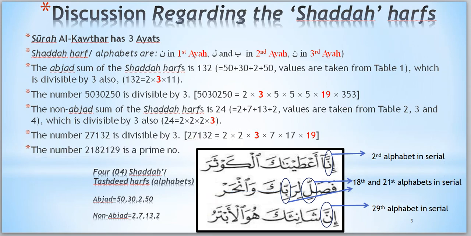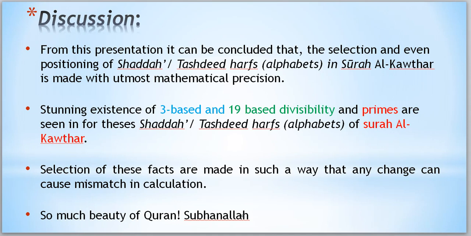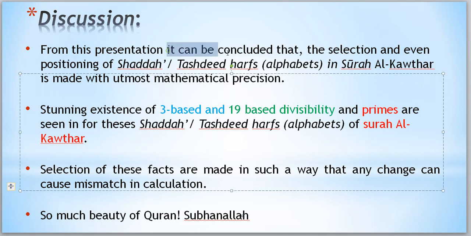So let us move to the last slide. Here we see that from the presentation, it can be concluded that the selection, even the positioning, of the Shadda or Tashdid harfs in Surah Al-Kawthar is made with utmost mathematical precision. And obviously, it is selected by Allah subhanahu wa ta'ala.